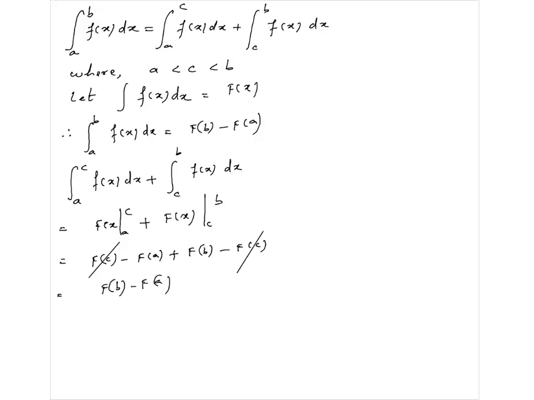Both are equal to fb minus fa. You can introduce as many c's as you want. If on a number line I am putting a and b, you can have as many c's as you want. And you can have as many integrals as you wish.